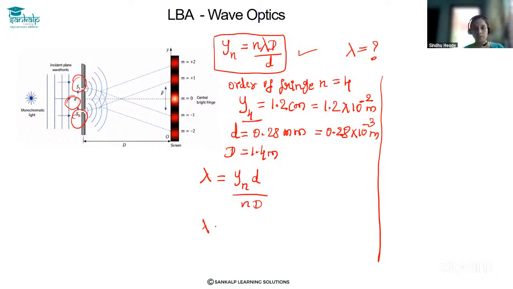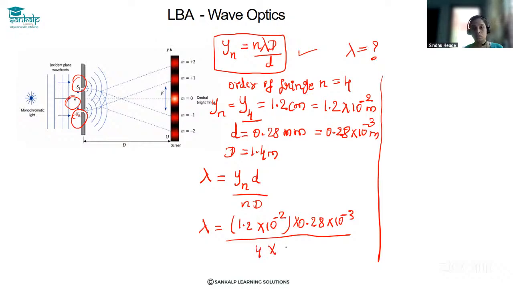Substitute those values here: 1.2 into 10 raised to minus 2 into small d value 0.28 into 10 raised to minus 3, divided by n is 4 and capital D is 1.4.